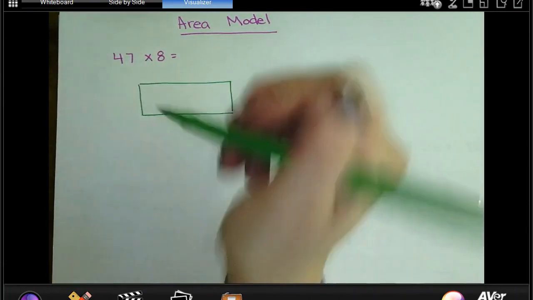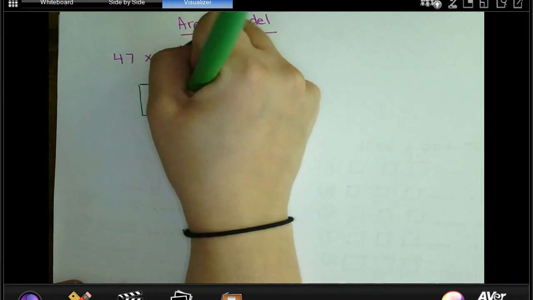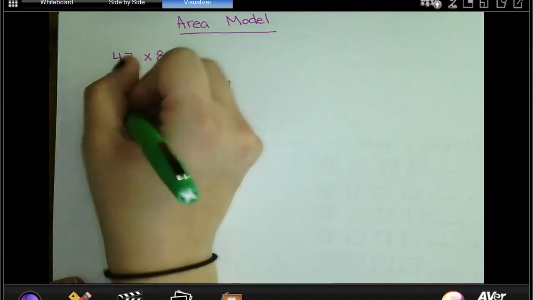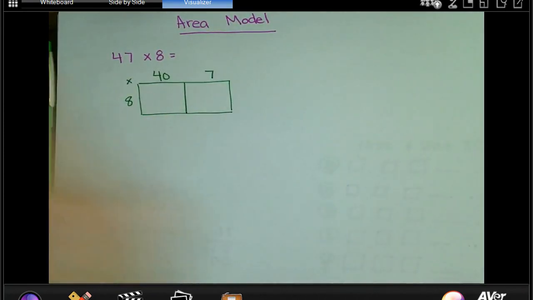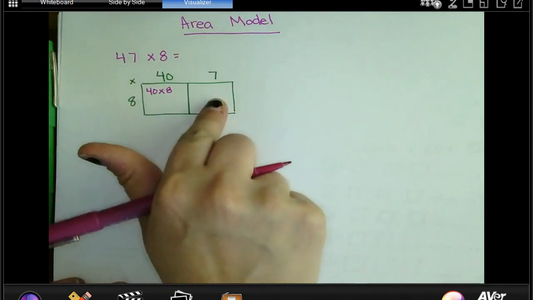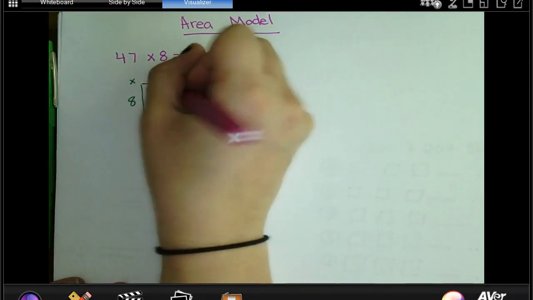And then we're going to split our 47 up into the 2 pieces that it makes up, which is 40 and 7. And then we're going to multiply that by 8. So inside this box, we have 40 times 8. And inside this box, we have 8 times 7.